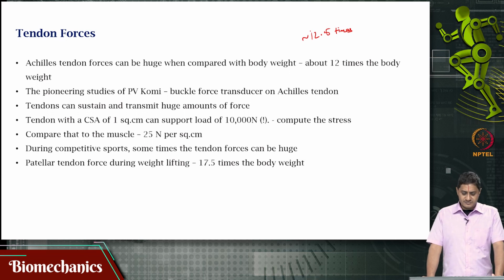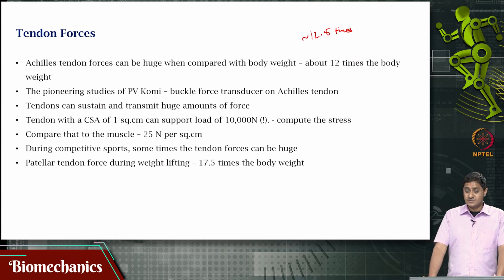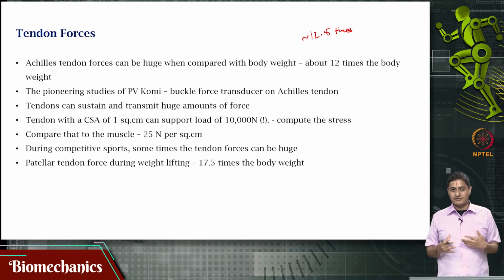Compared with the muscle, right, a muscle stress usually is about 25 Newton per square centimeter of physiological cross sectional area. So, the stresses that are felt and overcome by tendons are very high even when compared with the muscles. Muscles are big, right. This is of course because muscles are big, but not just that.